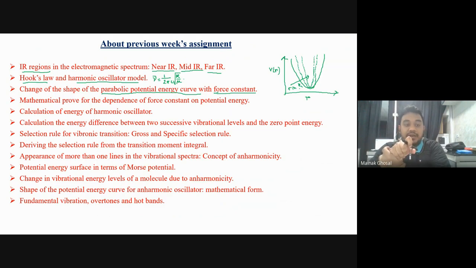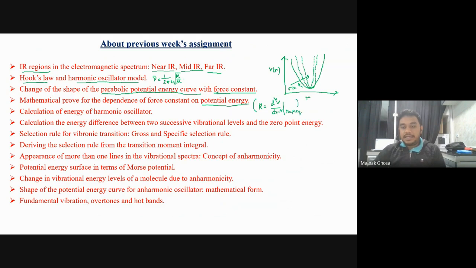Then there was a mathematical proof for this dependence of the force constant on the potential energy. There was a mathematical derivation, and it was shown that K was defined as d2V by dR2 at R equals R equilibrium.